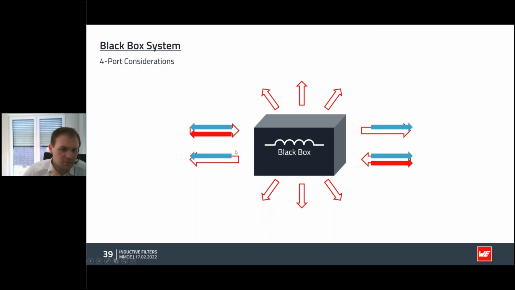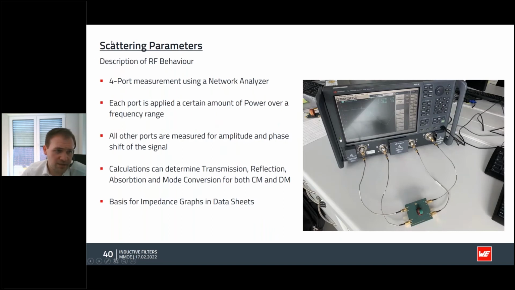All these different behaviors, like the transmission, the absorption and also the reflection of the differential mode and the common mode signal, can be characterized by looking at the scattering parameters. These scattering parameters are measured using a 4-port measurement on a vector network analyzer.